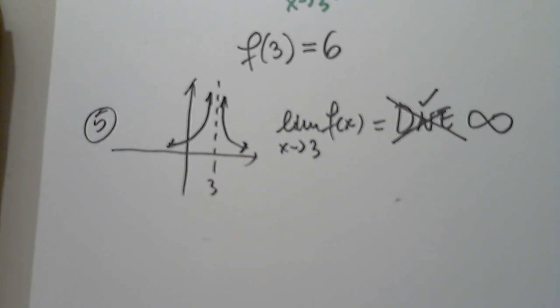The limit from the left of 2, look at the graph, and give us the limit from the left of 2. The limit from the left of 2. 1.21. Excellent. As x approaches 2 from the left, the function values get closer and closer to 1.21.